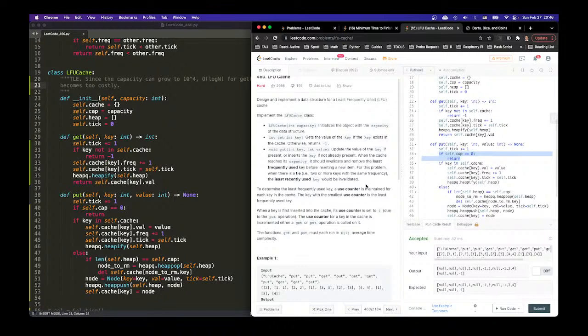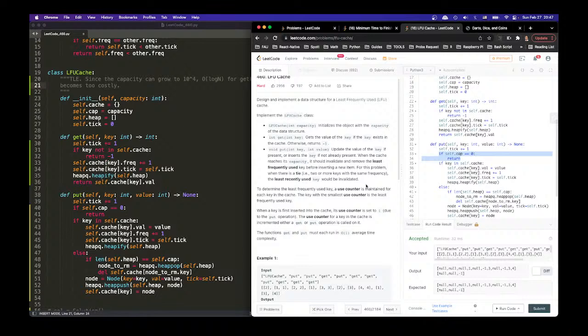So I have to remove it from that doubly linked list and push it into a different doubly linked list of the new frequency.